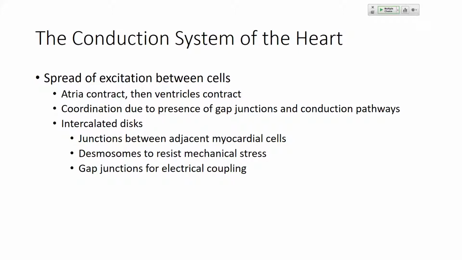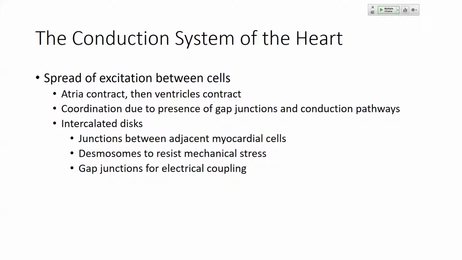Now, when we talk about the spread of the action potential between the pacemaker cells, we want to understand, as I was mentioning earlier, that the atria contract followed by the ventricles contracting. And that's coordinated through the presence of those gap junctions. Okay? Now, the gap junctions are located at a structure called the intercalated disc.